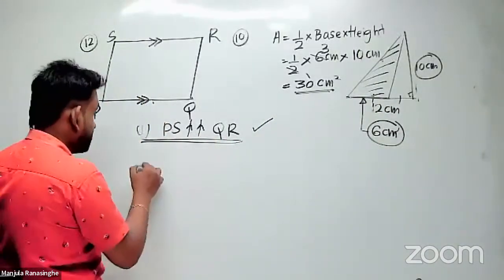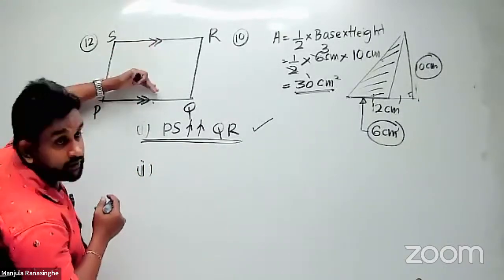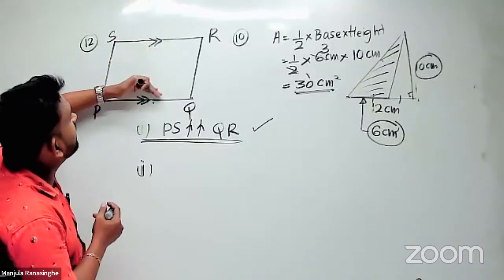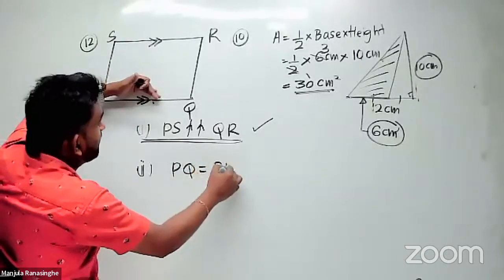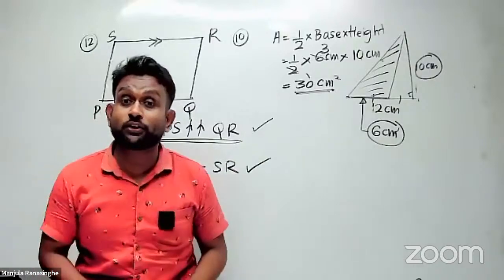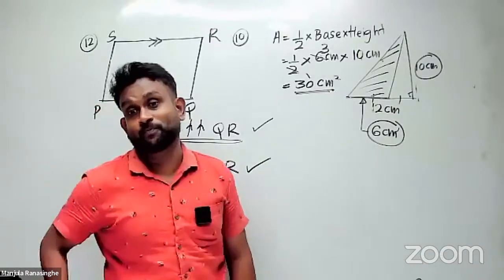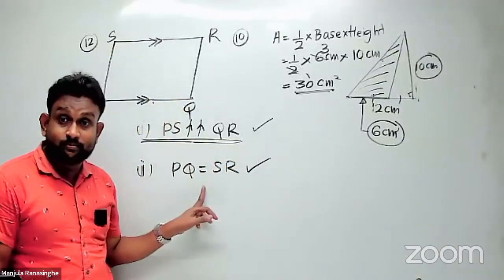Okay, this is an acceptable answer, right? The second answer, some students can say that if one pair is parallel and the lengths of the same pair are equal, that is also a parallelogram. What is that condition? A pair of sides that are parallel and equal. So no need to write both answers.